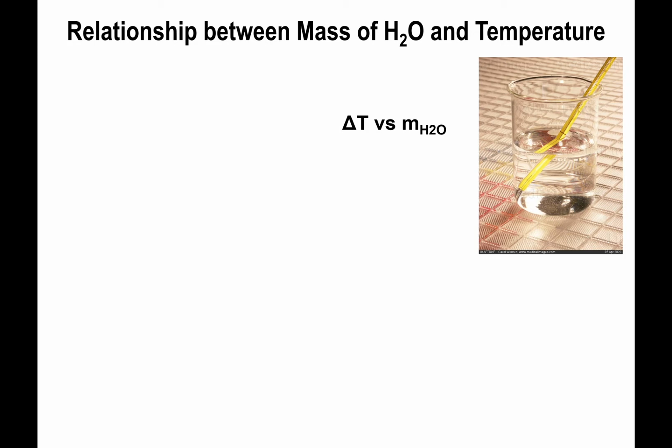The specifics don't really matter too much right now, but the idea is that you're going to be changing the amount of water present, and you're going to be measuring the change in temperature of the water as you drop this same piece of metal, which is initially held at some high temperature. But the initial temperature is the same in each trial.